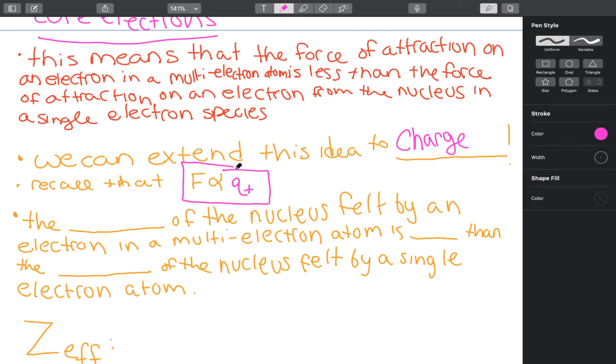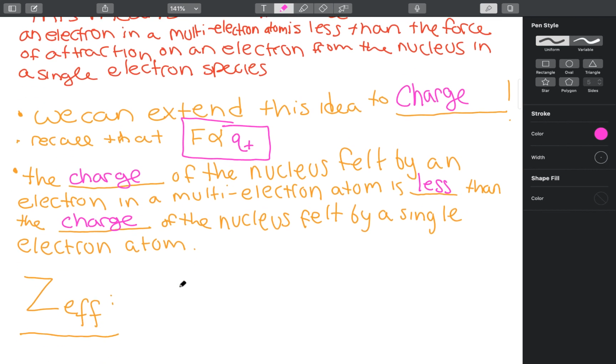So since we can extend this idea to charge, we can say that the charge of the nucleus felt by an electron in a multi-electron atom is less than the charge of the nucleus felt by a single electron atom. So once again, the charge of the nucleus felt by an electron in a multi-electron atom is less than the charge of the nucleus felt by a single electron atom. And once again, this is because of our repulsive forces.